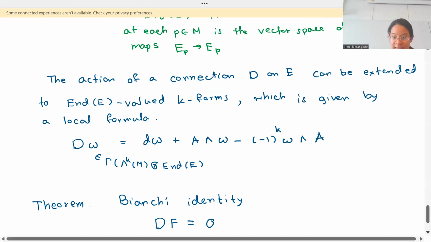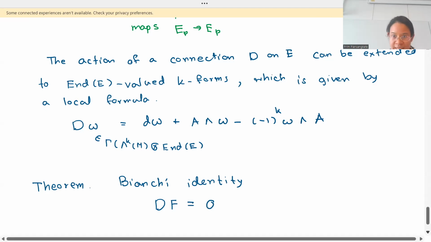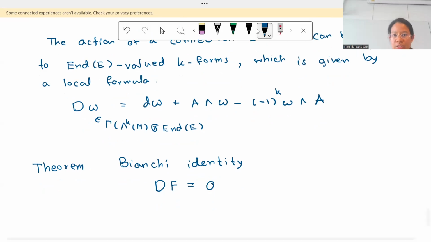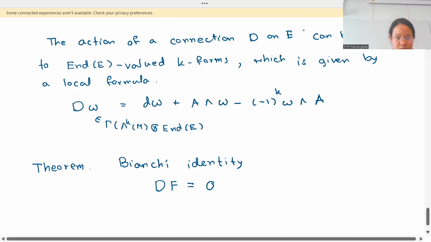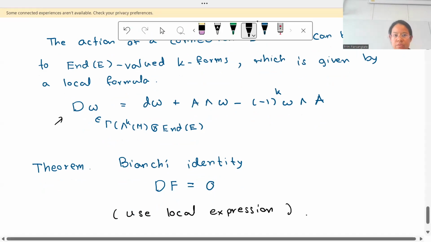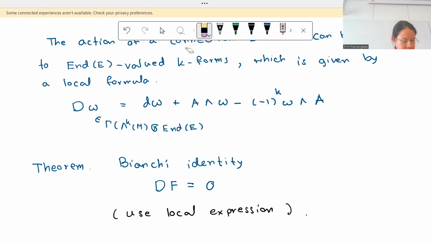So this is an identity for the curvature of any connection on a vector bundle. And this can be proved just using the local expression here. So you just write it out and we'll see that it is 0. So use the local expression. Okay.